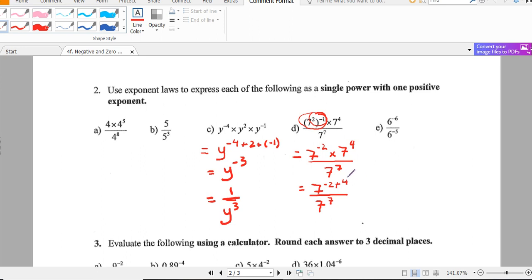Okay. Now I'm sorry, I'm going to have to carry over here. So now, if I add those up, what do I get? Well, negative 2 plus 4 is negative 2. And this is 7 to the exponent of 7. Okay. Now, since it's a negative exponent, this goes down underneath. So I get 1 over 7 power 2.